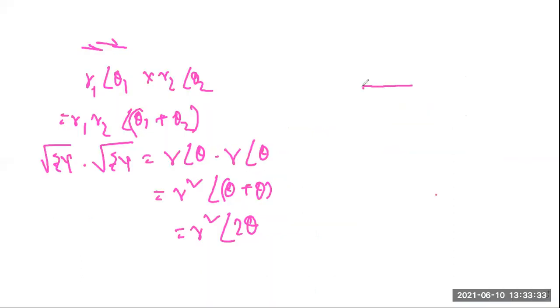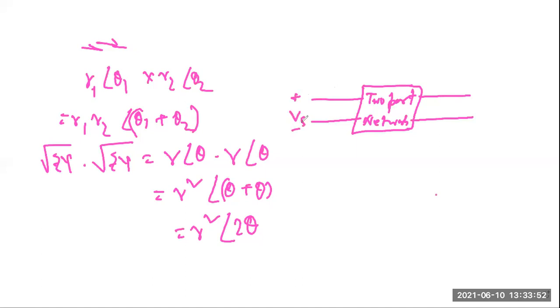Basically, it is a kind of black box, and let us say this is your two-port network. Two-port means this is one port, and this is another port. This side is your VS and IS, and this is your VR. But actually the direction in the two-port network is this one, but here we are taking this one.